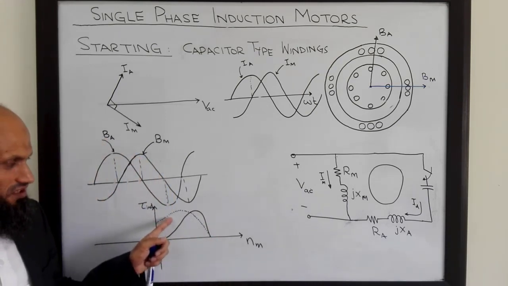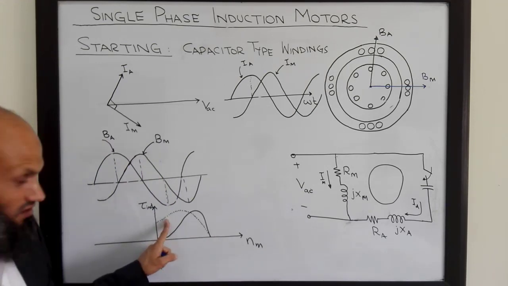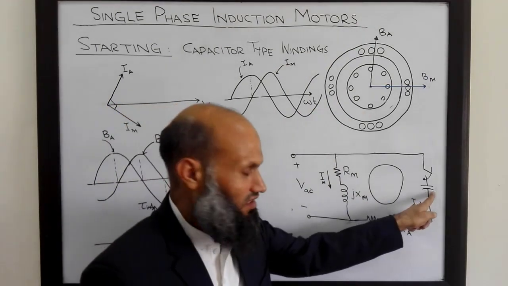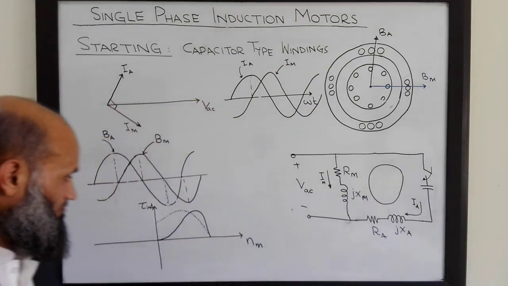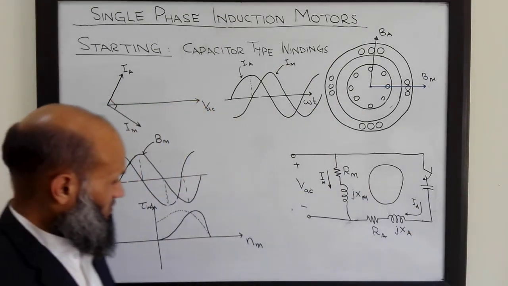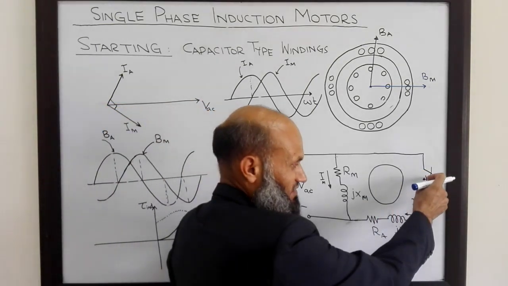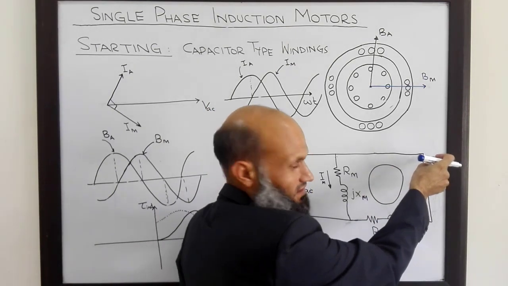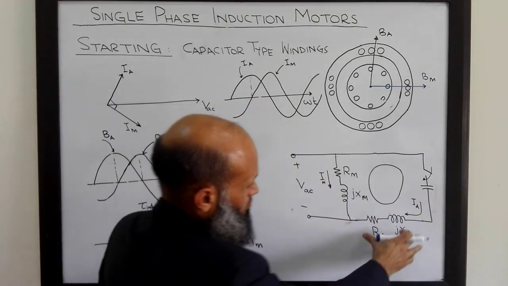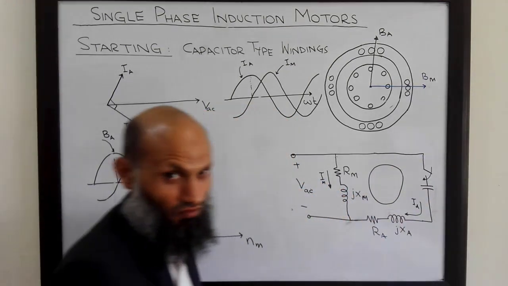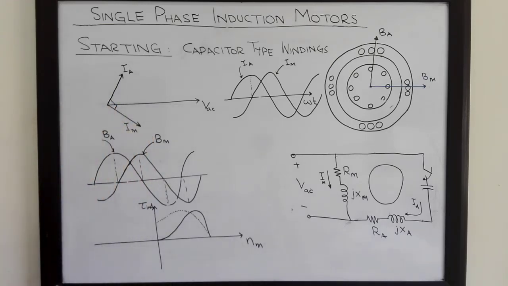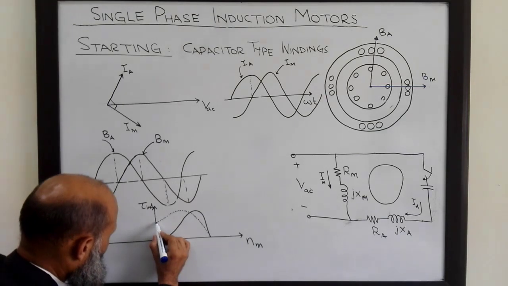These are the torque speed characteristics, dotted line, for the induction motor with auxiliary winding when we have the capacitor there. When this rotor gets started, we can just open this switch so as to remove these auxiliary windings from the circuit, and then the overall torque speed characteristics will be like this one.